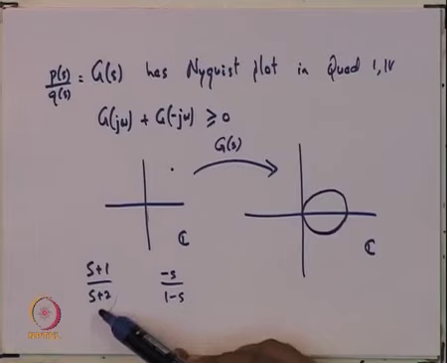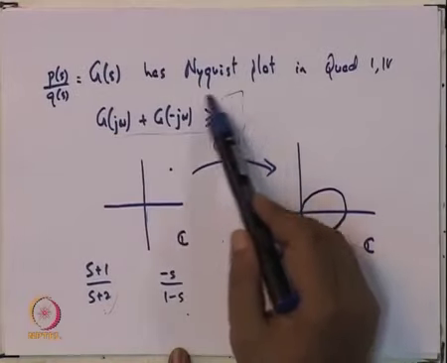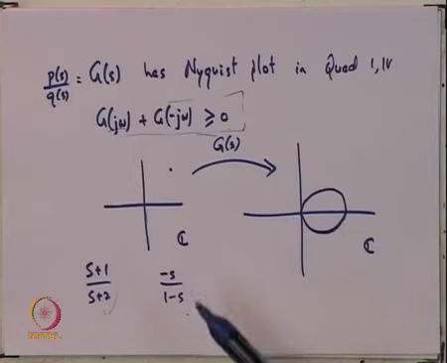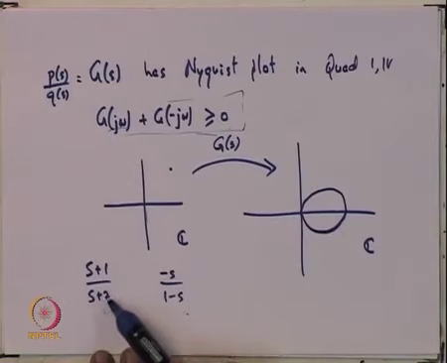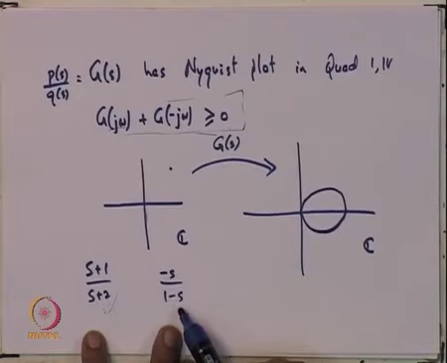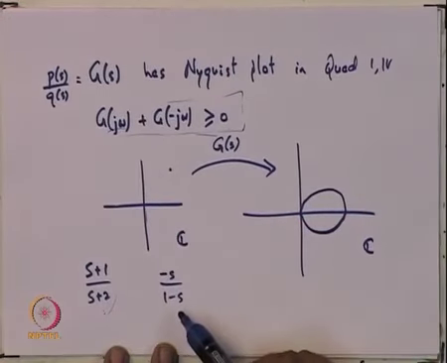So, as soon as this equation is satisfied, you can find a storage function, but it is only when the transfer function is Hurwitz that you can find a storage function which is positive, whereas if it is not Hurwitz, then you can find a storage function, but that will not be positive.